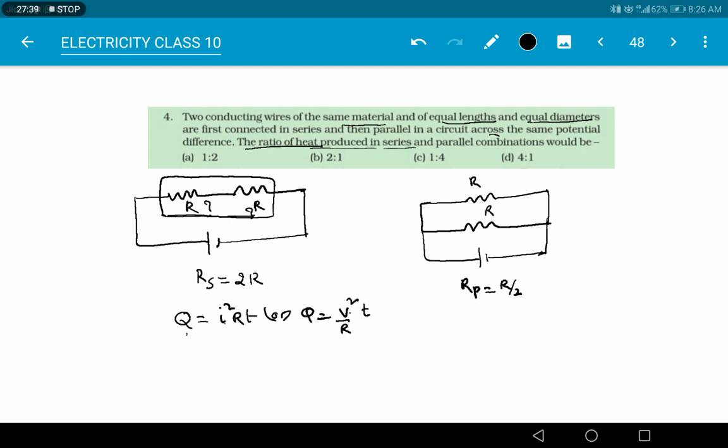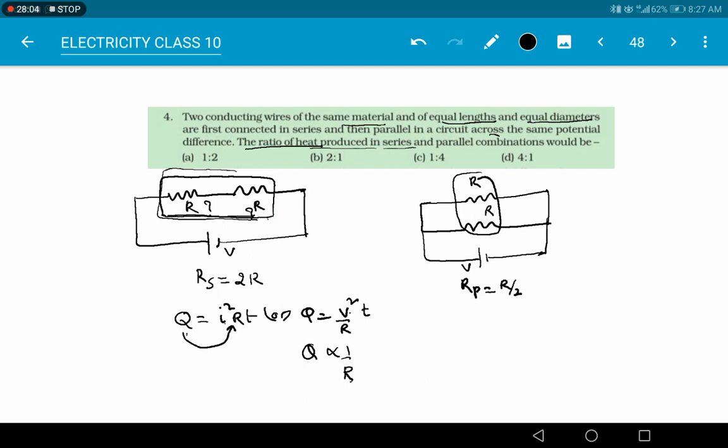That means we can observe here that the applied potential is the same in the combination. So heat developed is inversely proportional to resistance. This holds for individual resistors in that circuit only.